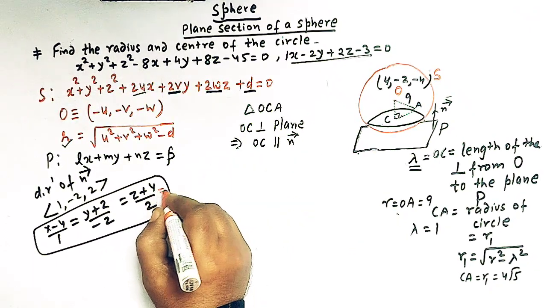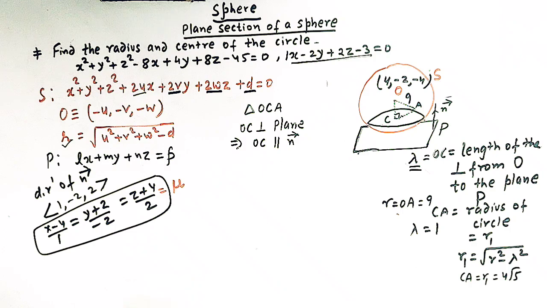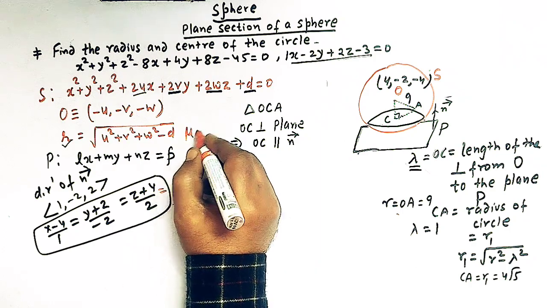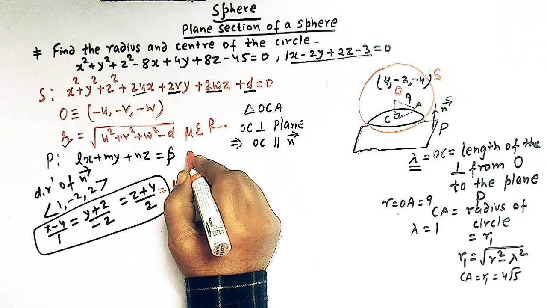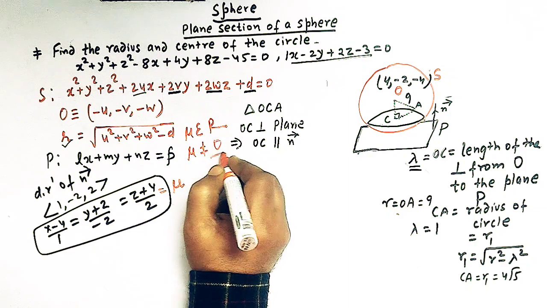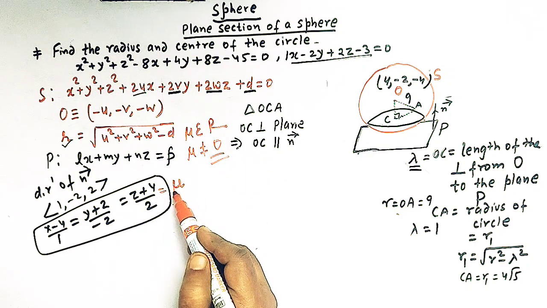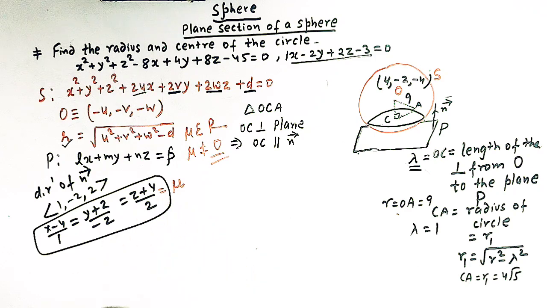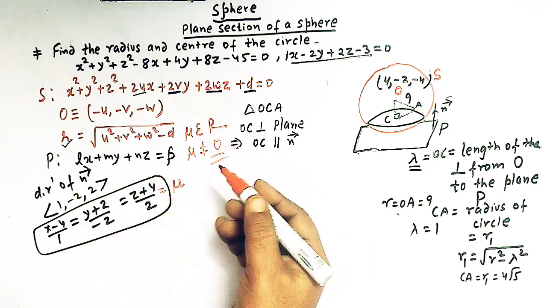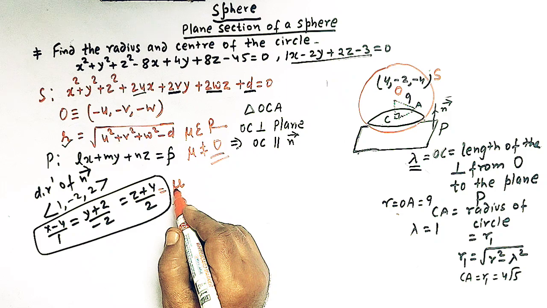So now let us introduce a scalar, say mu, where mu is some real number and mu is not equal to 0. The purpose of introducing this scalar mu is to get the coordinates of the general point, right?